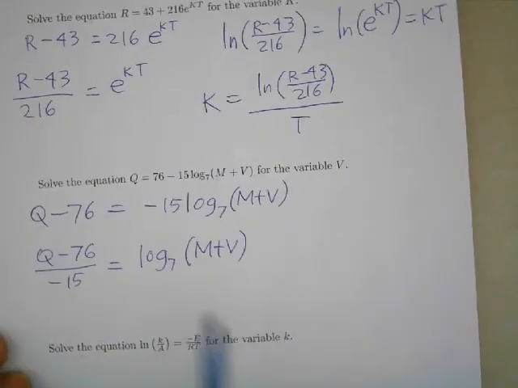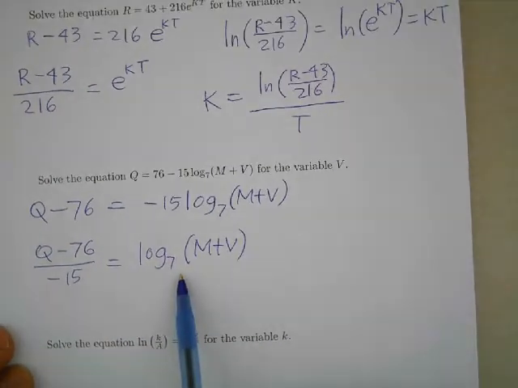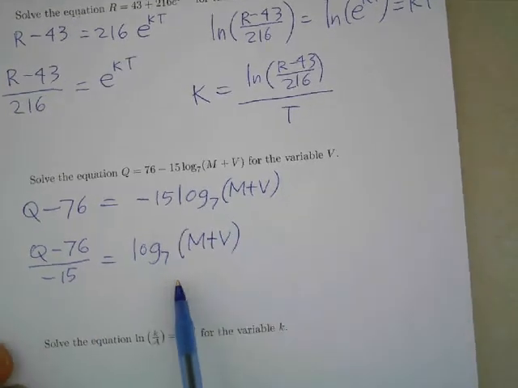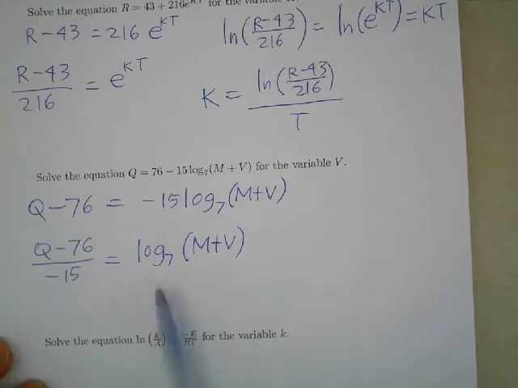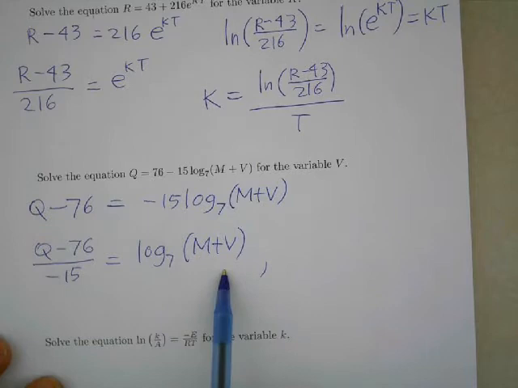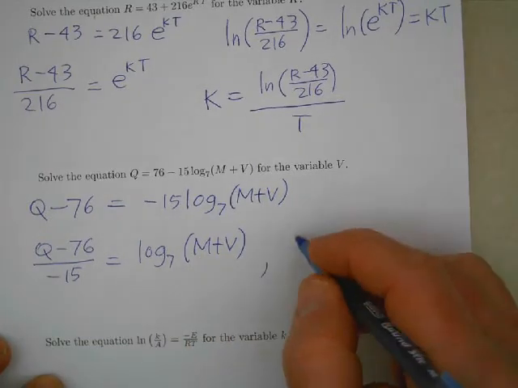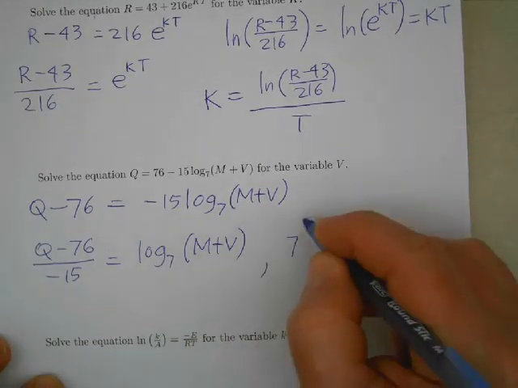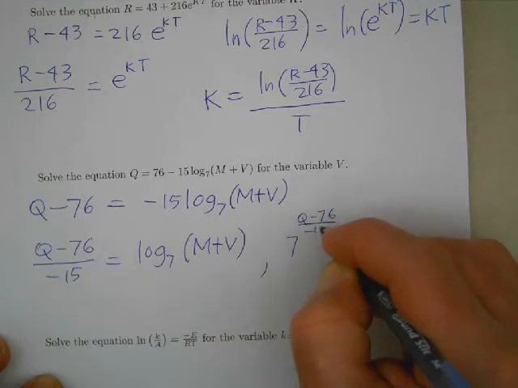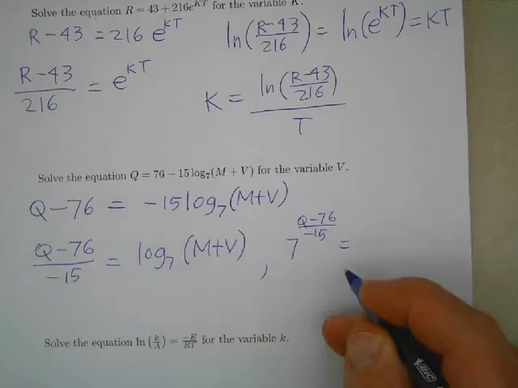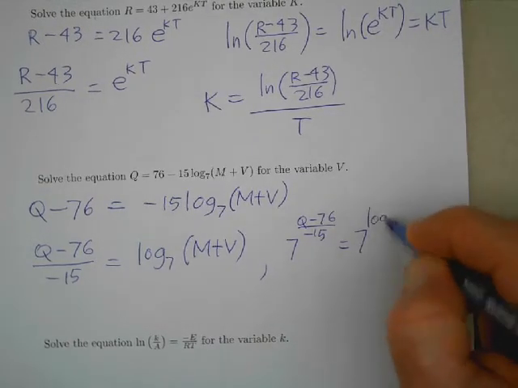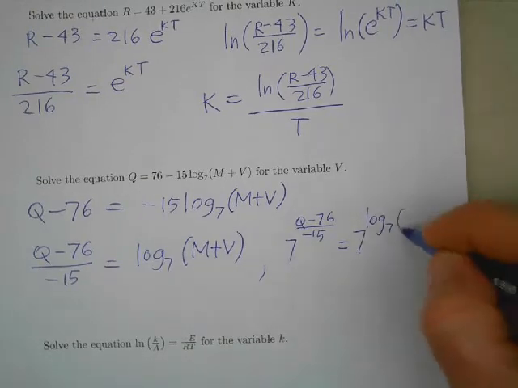And then we can use both sides as an exponent for a base 7 exponential, right? Remember, a logarithm is just an exponent. So in other words, 7 raised to the q minus 76 over negative 15 is equal to 7 raised to the base 7 logarithm of m plus v.